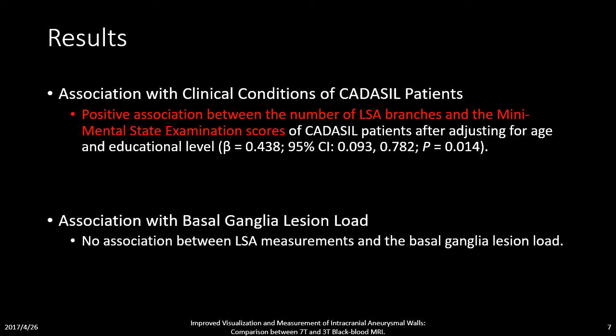There was a positive association between the number of LSA branches and the Mini-Mental State Examination scores of CADASIL patients after adjusting for age and educational level. This revealed that the vessel lumen of LSAs changed in CADASIL patients, and the abnormalities of small arteries may be related to some of the clinical symptoms of CADASIL patients, such as cognitive impairment.